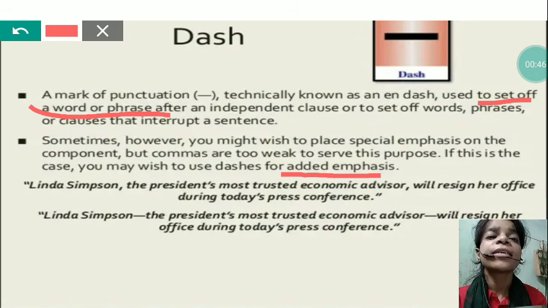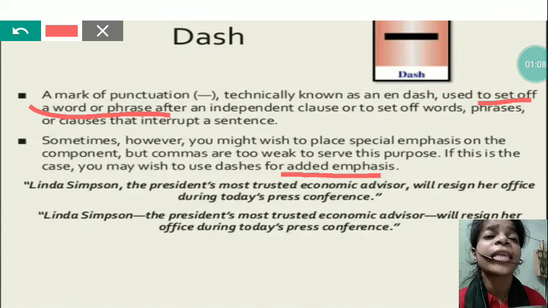Like see, Linda Simpson, comma, the president's most trusted economic advisor, comma, will resign her office during today's press conference. The sentence is okay, but if we use dashes instead of commas, it will add more emphasis.